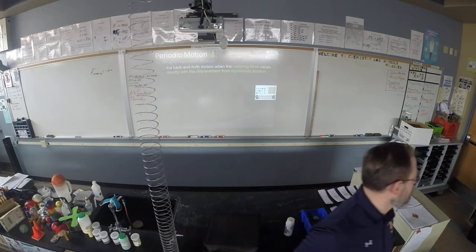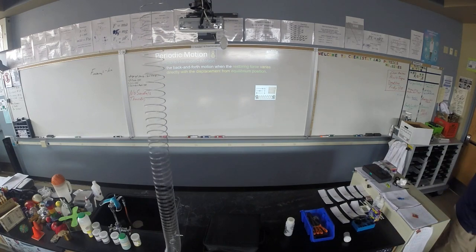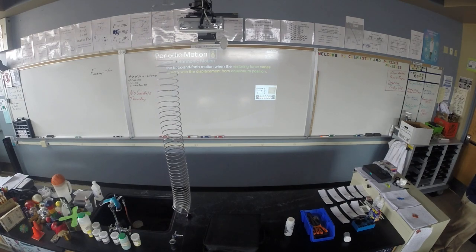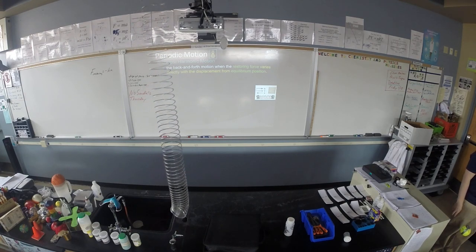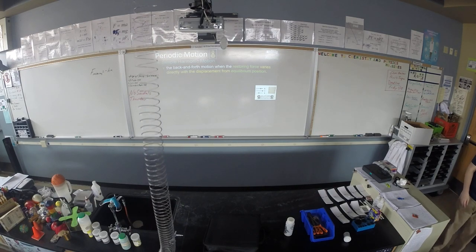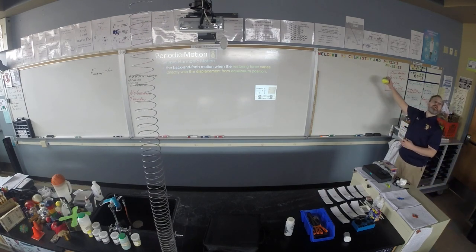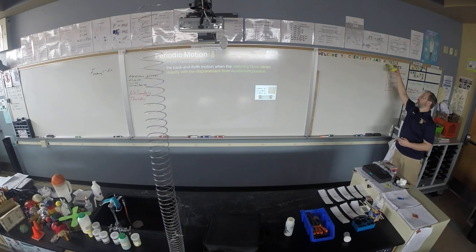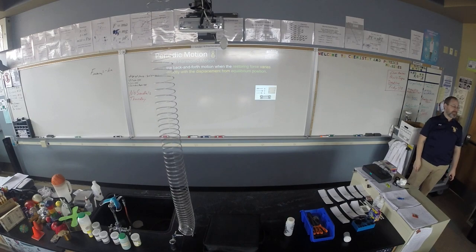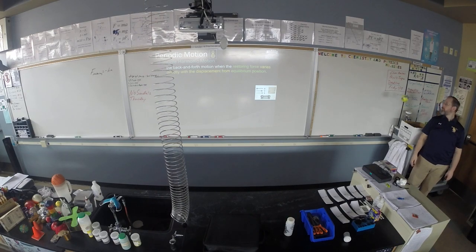And similarly with a pendulum, if you move it not very far from its equilibrium position, its acceleration is very small because the restoring force, which is a component of gravity, is very small. But if you move it really far from its equilibrium position, then it has a very high acceleration because its acceleration is a component of weight.